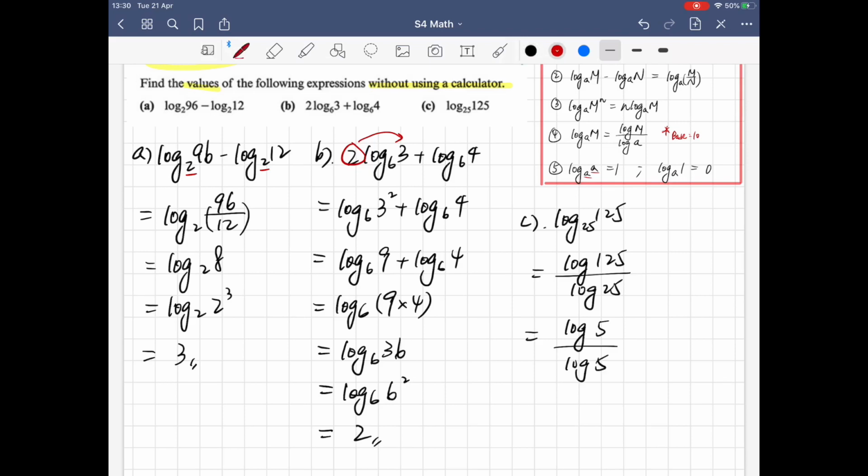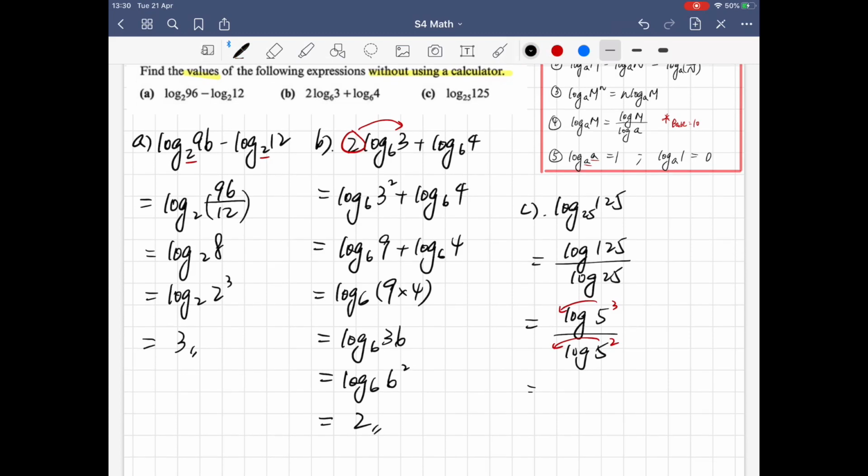Okay, for 125, it is equal to 5 to the power 3, and for 25, it is 5 to the power 2. And afterwards, we can put these two numbers in front of the log, so that we have 3 log 5 over 2 log 5.